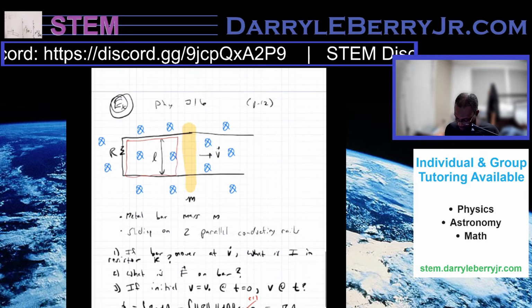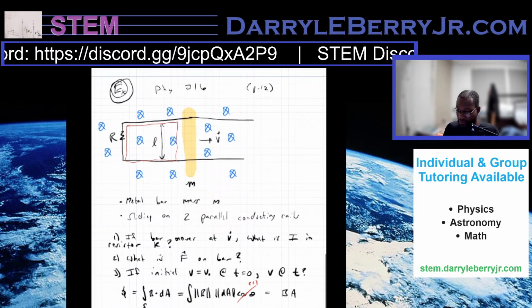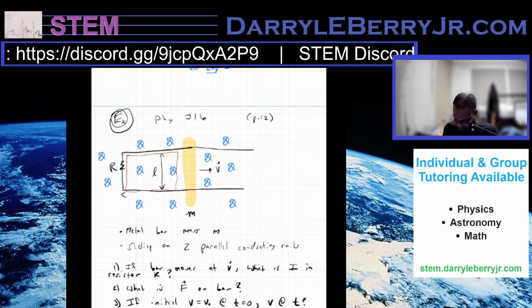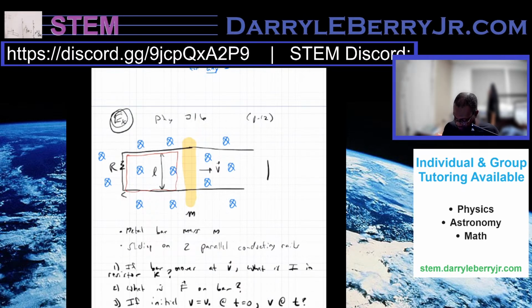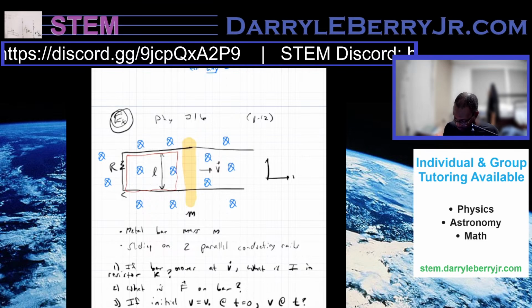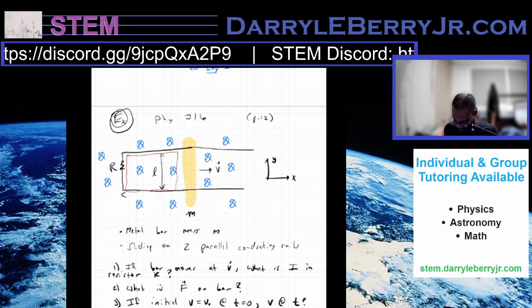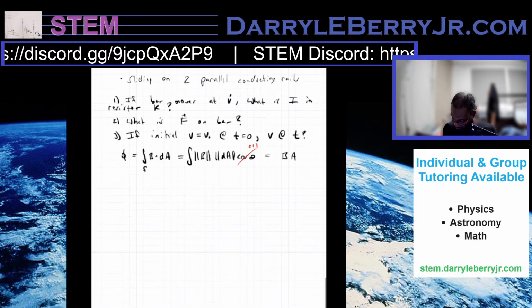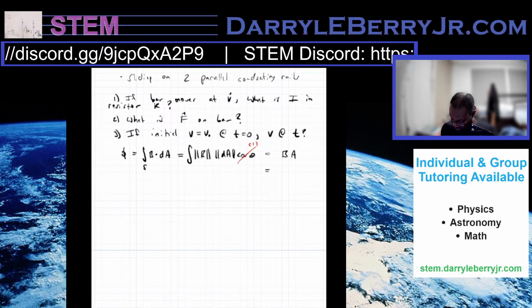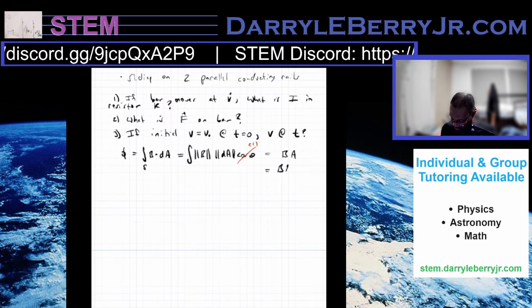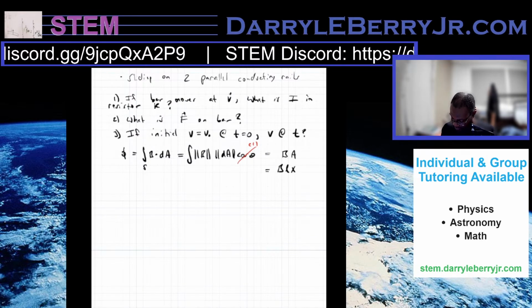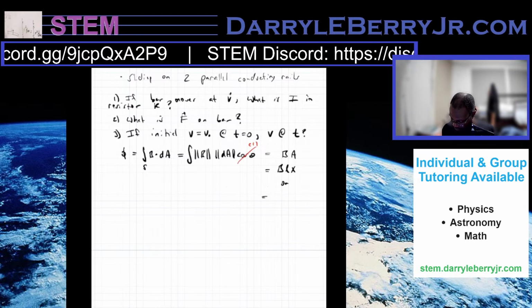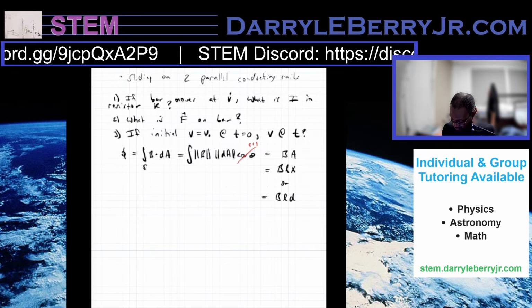It gave us L, and we call this our axis. This is X, this is Y. So the area will be L times X, and the flux is BLX.